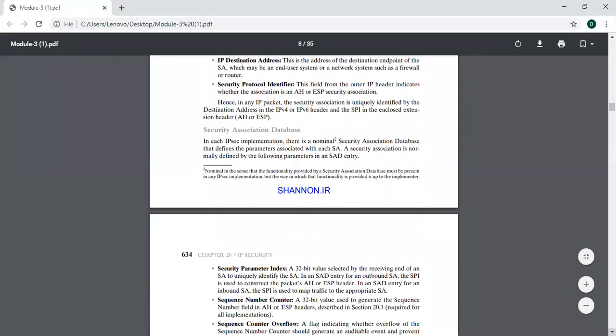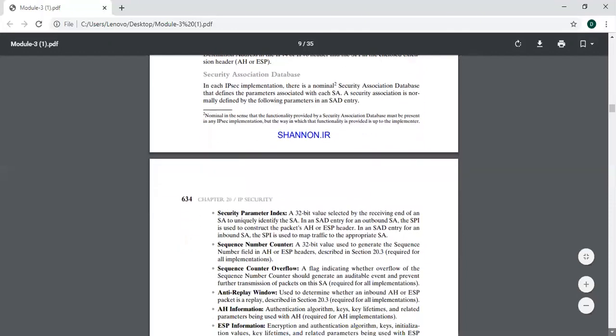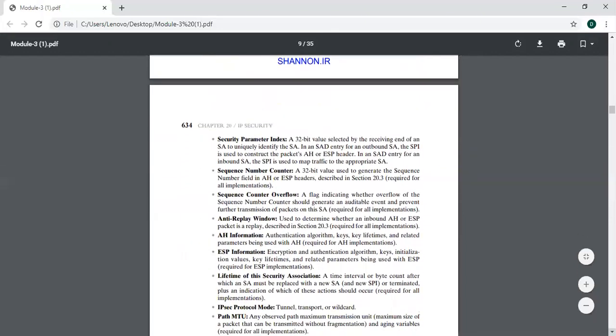Next, in this IP security architecture, we have studied what a security association is. Now we will be discussing the security association database. How is it defined?